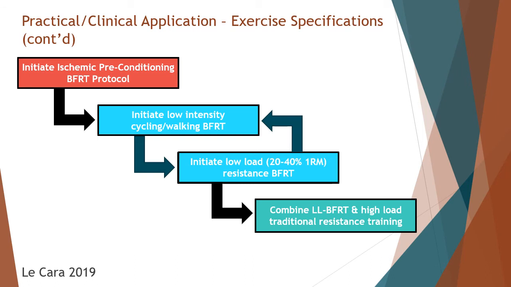And so you can see that the blue arrows there go back and forth between the low load cycling or aerobic training and the low load resistance training, suggesting that you can be doing these both simultaneously within a single session, or at least within the same time frame within rehabilitation progression. And then finally, you have the combined low load resistance training and the high load traditional resistance training.